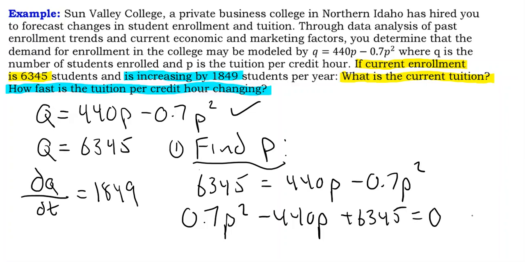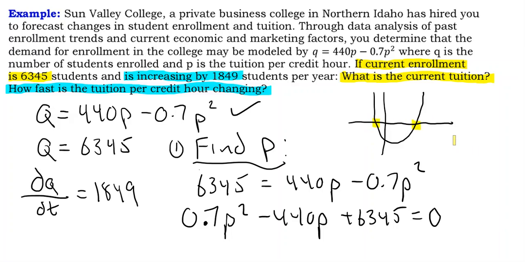This will not be factorable. You can use the quadratic formula, or you could graph it in Desmos. And when you graph it in Desmos, here's a cute little trick some of you may remember. When you graph a quadratic in Desmos, and your quadratic is set equal to 0, and you're trying to solve it, your solutions are where it crosses the x-axis.